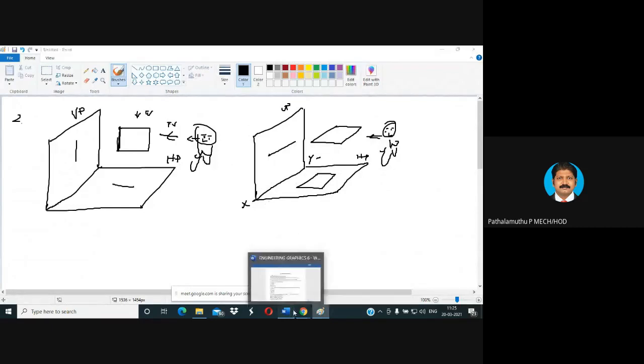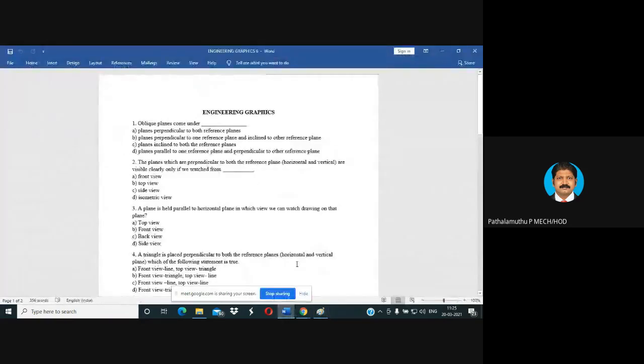Question number 4. A triangle is placed perpendicular to both reference planes. Which of the following statements is true?